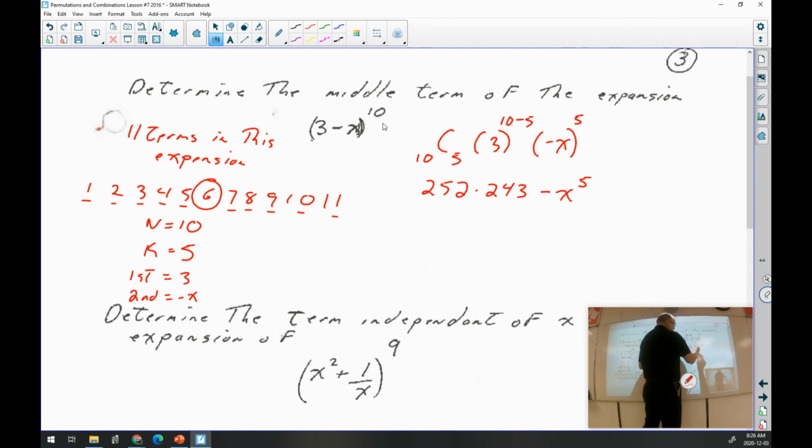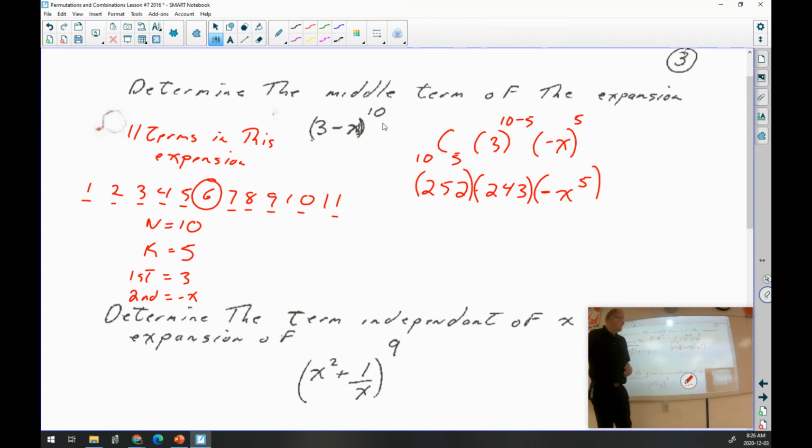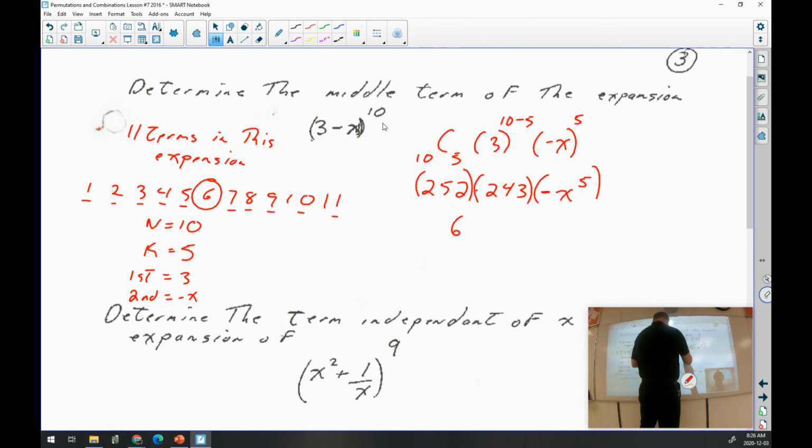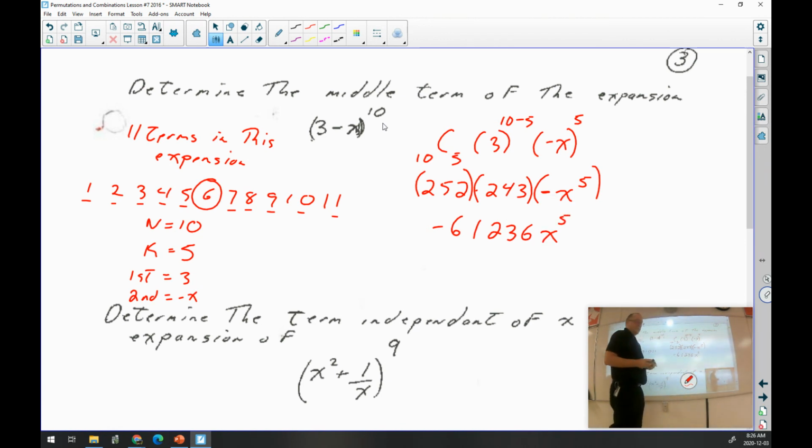Since it's raised to an odd number, we're going to have our negative x to the fifth. And just quickly, 252 times 243 is 61,236, negative x to the fifth. I would not want to do that in any other manner than using binomial expansion.